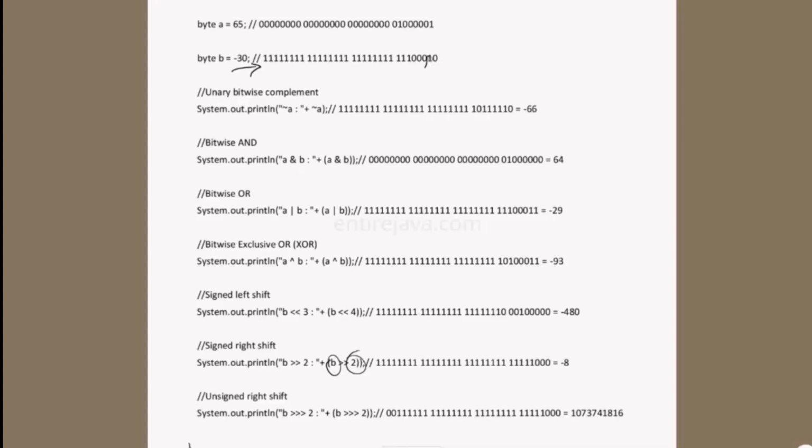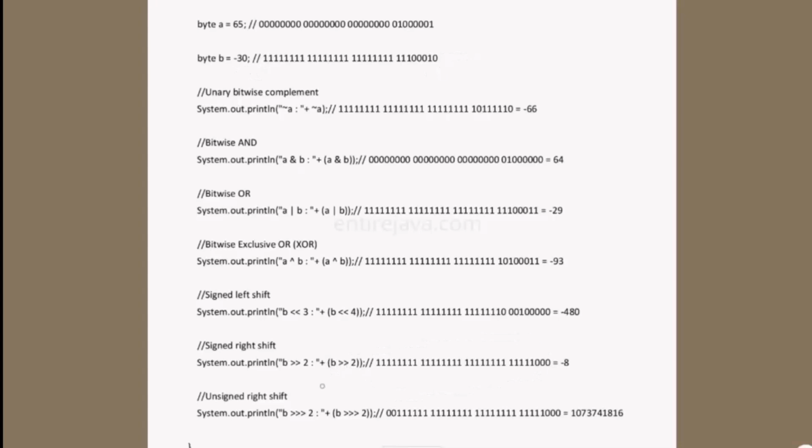So these 2 would spill over and disappear, and we get 2 empty locations here. And those empty locations will be filled with whatever is there in the most significant bit. So in this case it's 1. And that's exactly what we have here.